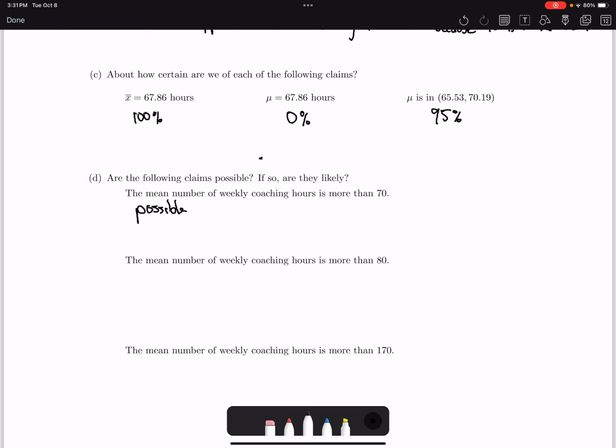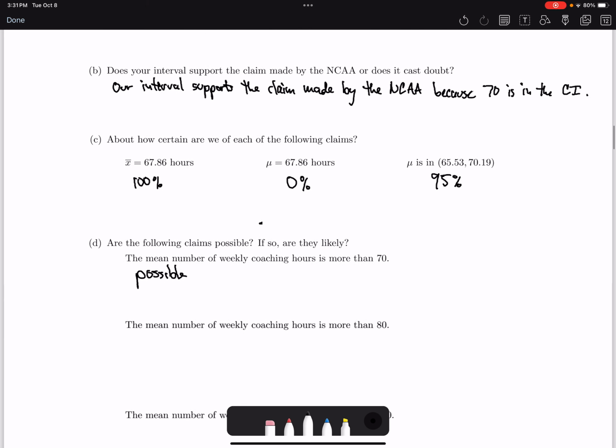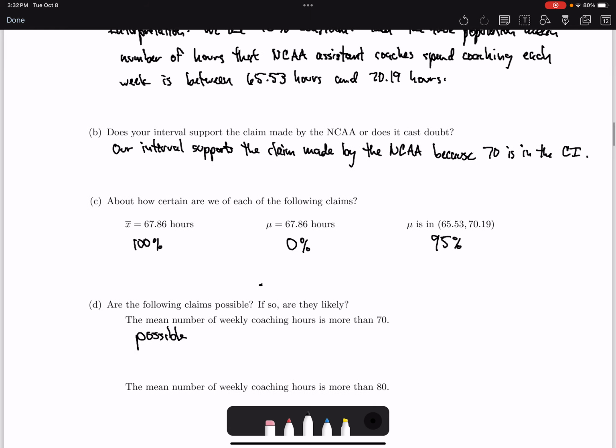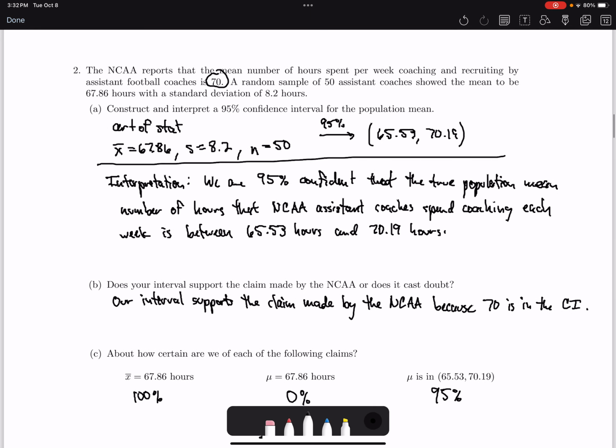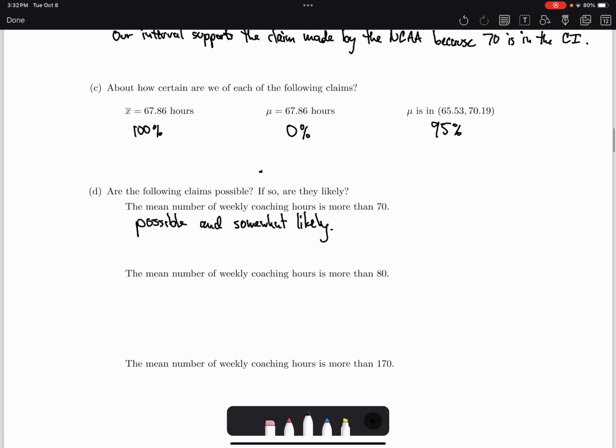It's also somewhat likely, because that falls within our interval. Although it's also likely that the mean hours spent coaching is between, let's say, 66 and 70, right? That would also be likely. But this one is possible and somewhat likely.